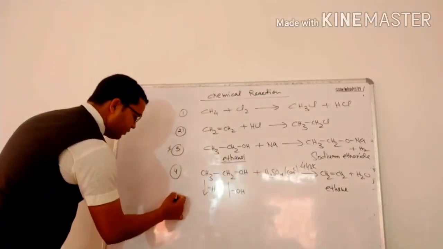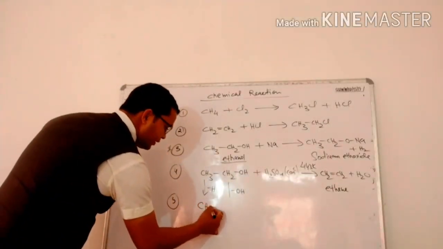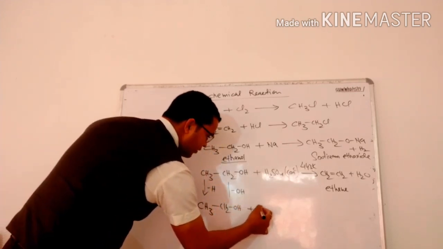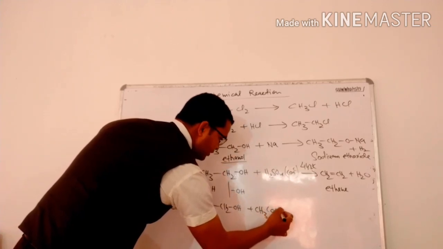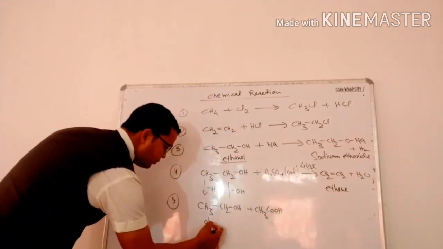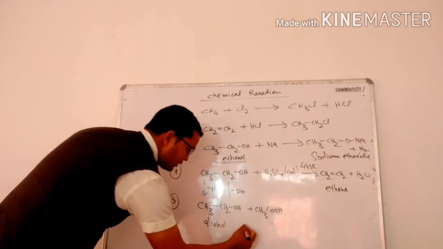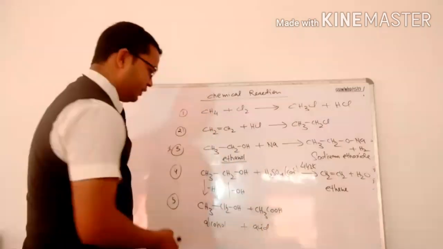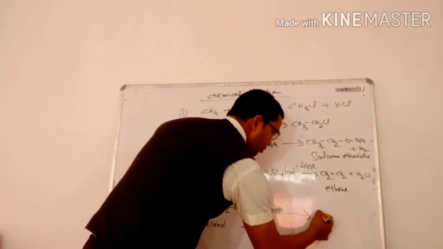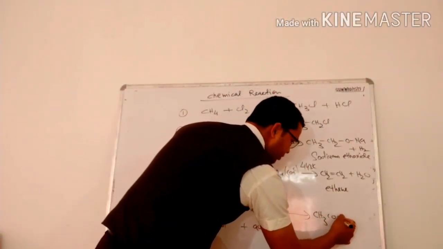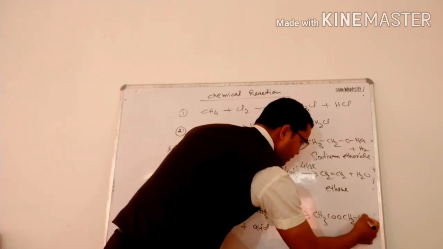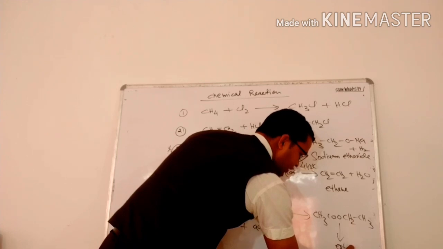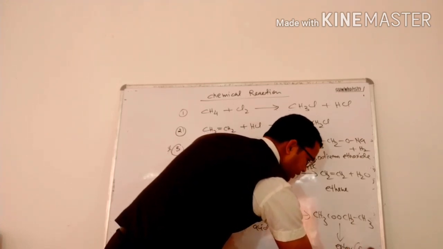And number 5. Same reactant, ethanol plus ethanoic acid, means alcohol plus carboxylic acid, the organic acid. It gives one of the important compounds, CH3COOCH2CH3, which is called ester. We can also say fats.